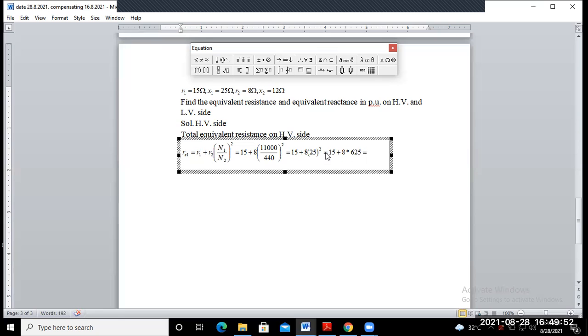So 8 into 625 is 5,000. So 15 plus 5,000 equal to 5,015. Okay.